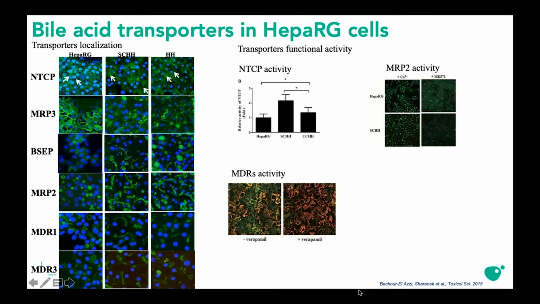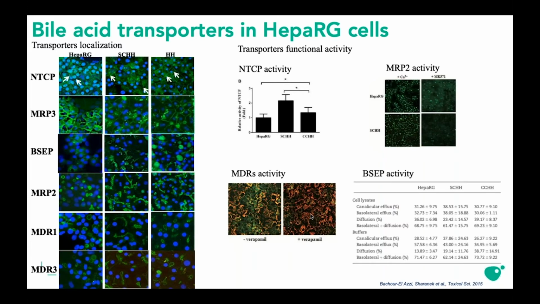Activity of MDR transporters was also assessed using GC1 dye in the absence or presence of verapamil, an MDR inhibitor. Cells that are labeled in green correspond to hepatocytes exhibiting important MDR activities. In the presence of MDR inhibitor, GC1 is accumulated within the hepatocytes, and red fluorescence is observed in both cell types, the hepatocyte and the biliary-like cells.